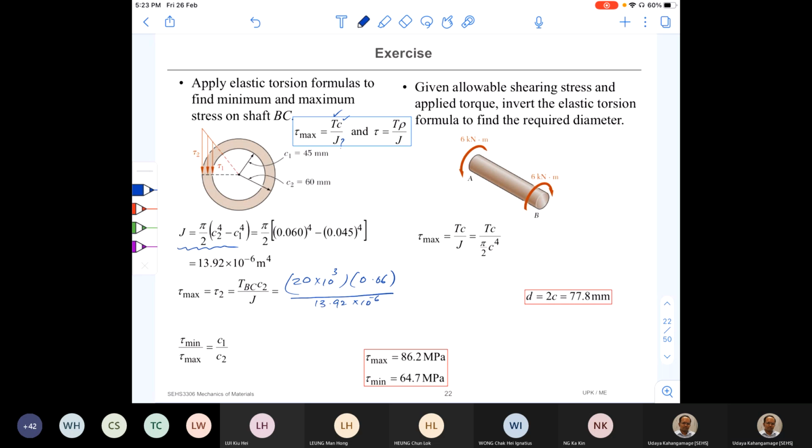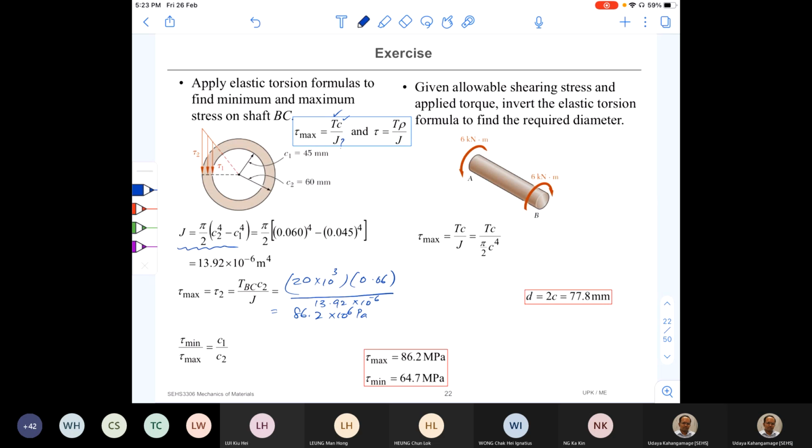So you should be able to do the calculation and get the answer. The answer is given here: tau max is 86.2 into 10 to the power 6 Pascal. So this is what I got.